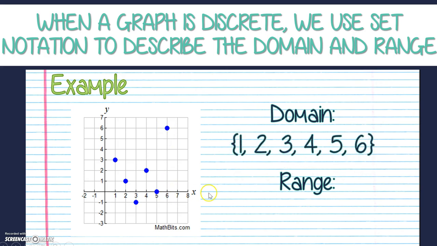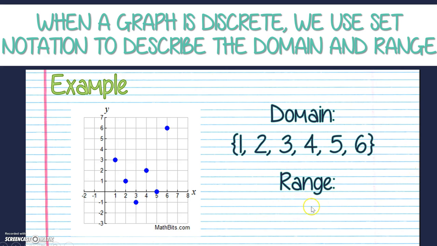So our domain is just going to be those values. We don't have a point on 7, we don't have a point on 8, we don't have a point at 0, -1, -2, all right? It's only the spots that we have points on for the x values. Again, set notation, we have the little squigglies around the numbers with commas in between.